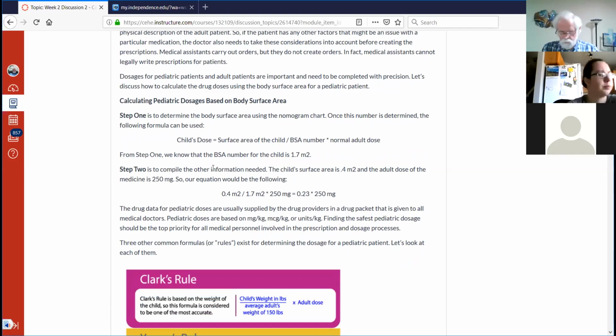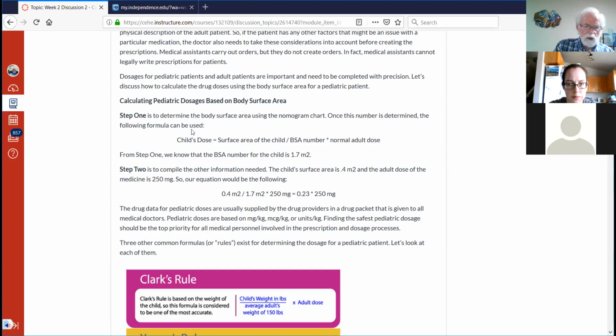Again, the putative average adult body surface area is 1.7 square meters. So the formula for calculating a pediatric dosage based on body surface area is to calculate the body surface area, divide that by 1.7 square meters, and multiply that times the average adult dose.